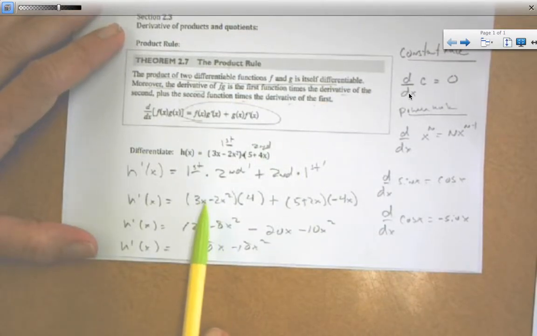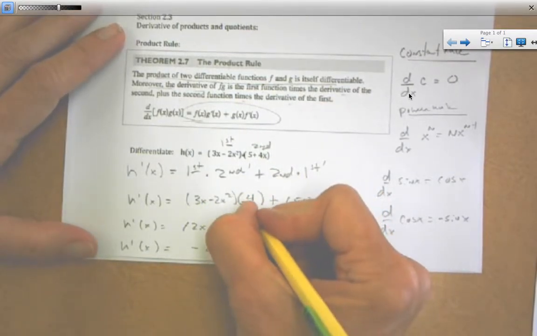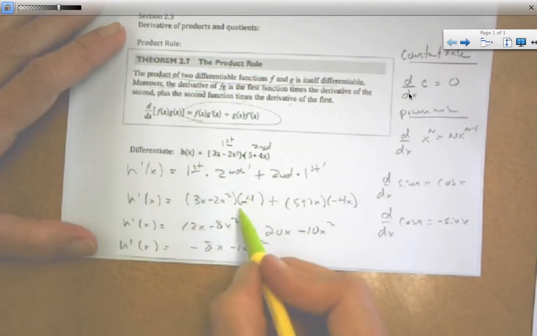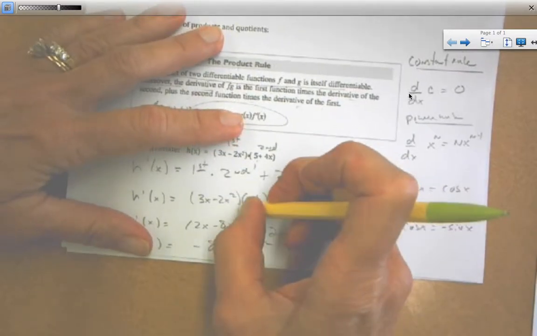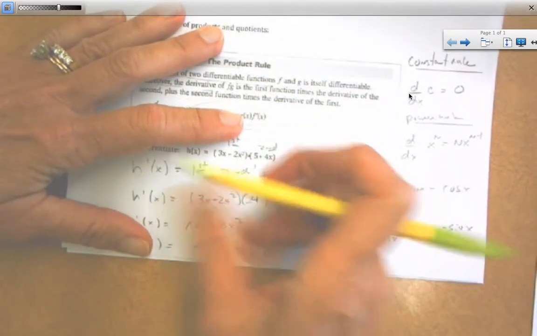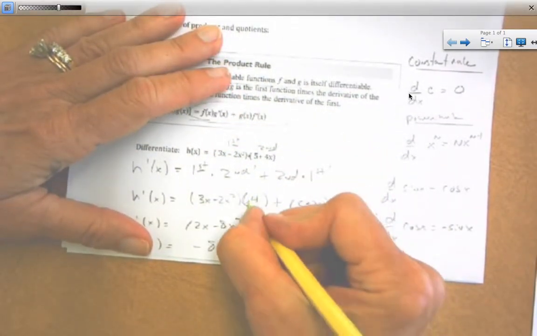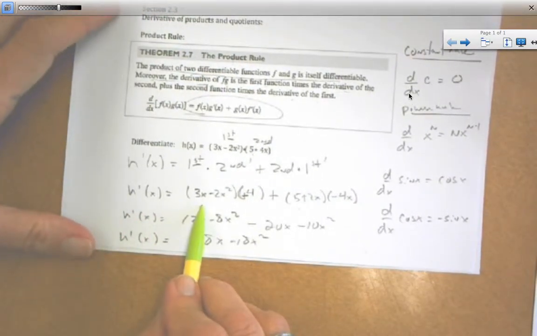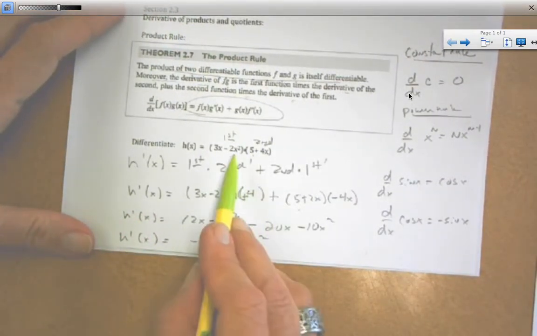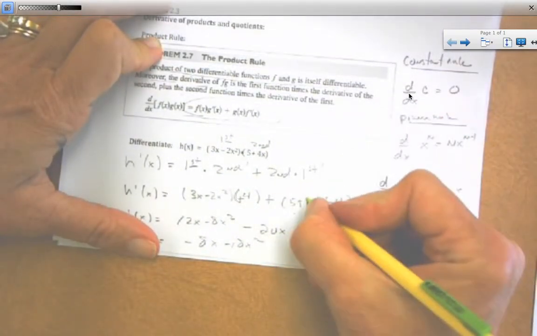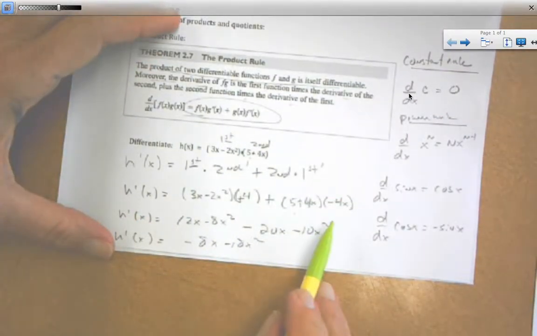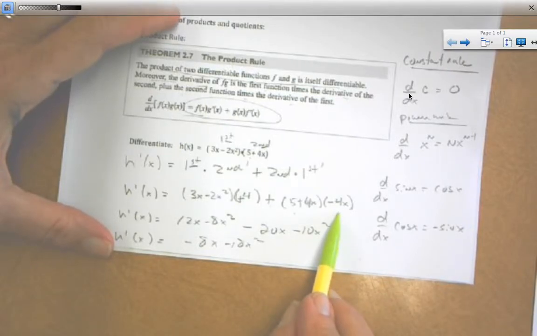So first times the derivative of the second, oops, forgot my negative sign right there. Go back and check. Plus second, oops, sorry, no, I had it right. I apologize. First times the derivative of the second plus second, I miscopied it. Should be a 4 there, times the derivative of the first.